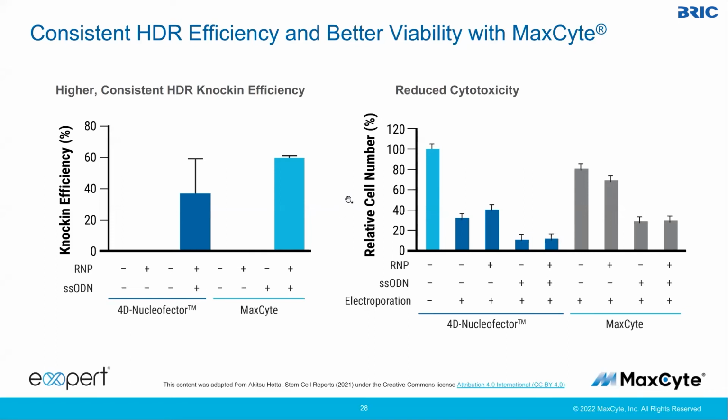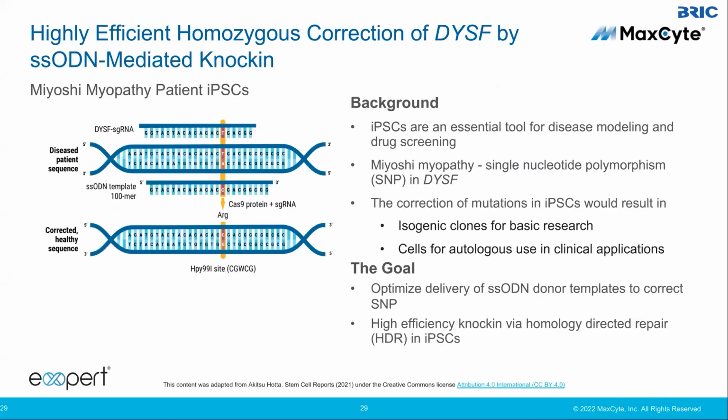So because of these results, we speculated that the higher cell viability might be leading to higher HDR frequencies or gene editing efficiencies. And so I'll show in this next example where Miyoshi myopathy patient iPSCs were engineered. Again, iPSCs are an essential tool for disease modeling and drug screening.